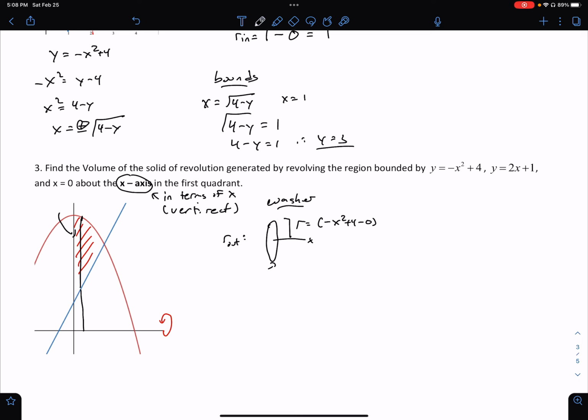The height or the thickness is going to be dx. So my radius is just going to be negative x squared plus 4, and there's our height.